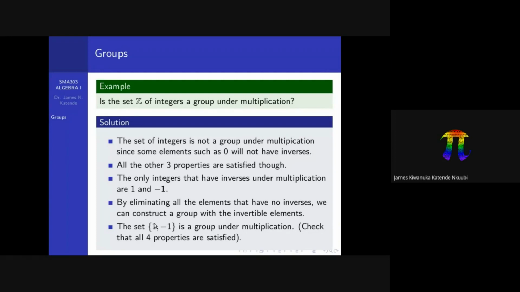The identity element in this case will be 1, right? So the next element is -1. Now what will be the inverse of -1? If you multiply -1 by itself, you will get 1. So the inverse of -1 here is -1. You can see here is an example where an element is its own inverse.